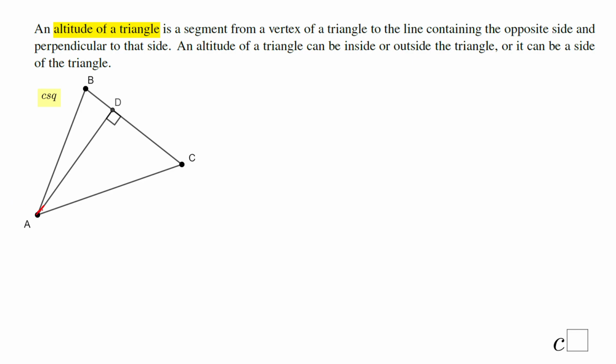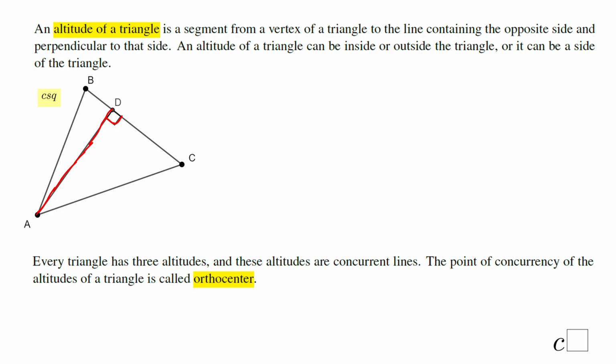You start from the vertex A, and this is perpendicular to BC, we see that right angle. Okay, and then I said an altitude of a triangle can be inside or outside of the triangle, or it can be even a side of the triangle, and you can see that a little bit later.